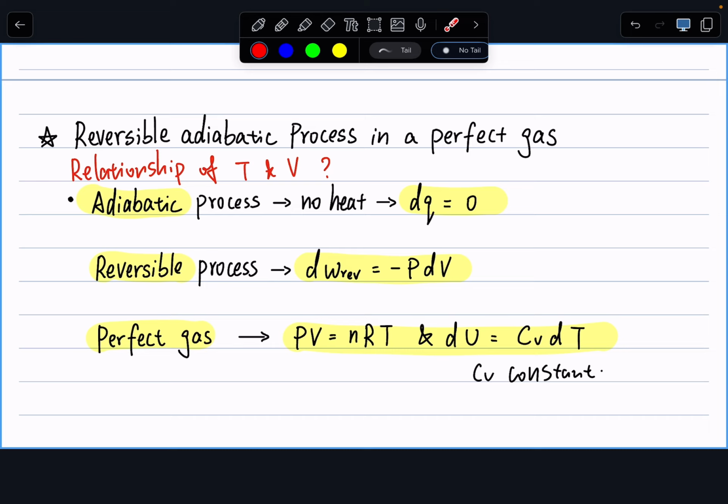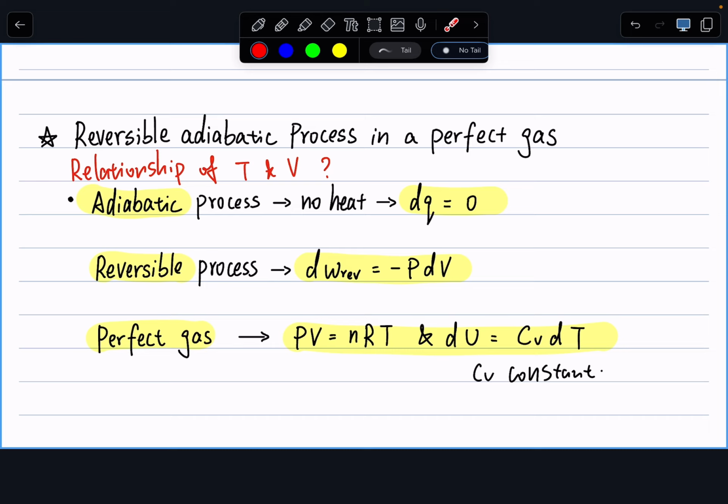So our equation of the first law in this specific setup becomes Cv dT equals negative PdV, which for an ideal gas, we know that PV equals nRT. We can write it as nRT over V dV.